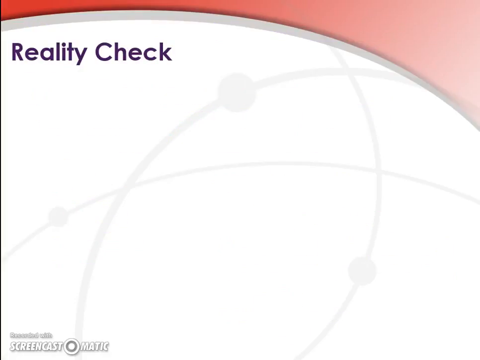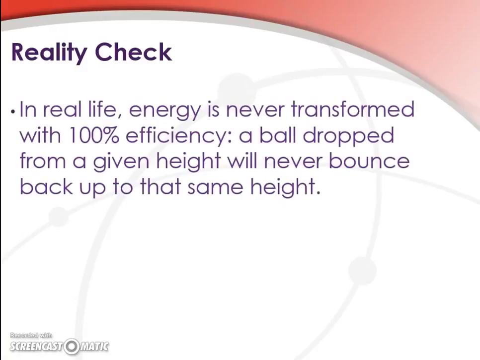Okay, so we talked about this system conserving energy at all times. Now, does that really make sense? Anybody who's bought a Super Ball and tried to keep it bouncing forever will realize that that doesn't quite work. Energy is never transformed with 100% efficiency. If we drop a ball from a given height, it can't bounce back up to the same height because we lose energy to the sound of the ball bouncing and to the energy warming up the floor and the ball.